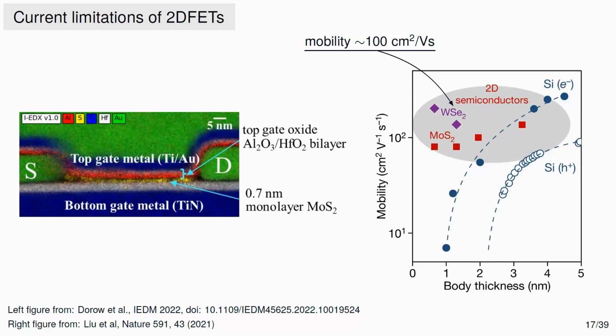This is the same plot I showed you earlier for silicon, that is, the mobility is dropping as a function of thickness. If you take two-dimensional materials, the mobility actually hovers around the value of 100 centimeters squared per volt second. So it is better than 10, of course, but it's not as good as 1400, right?